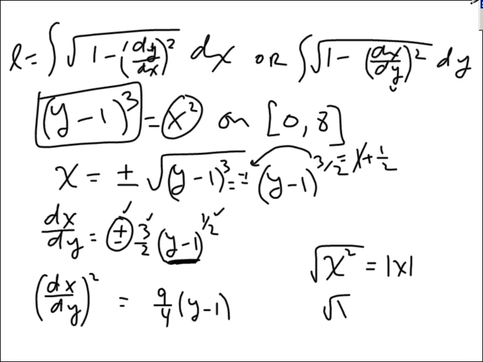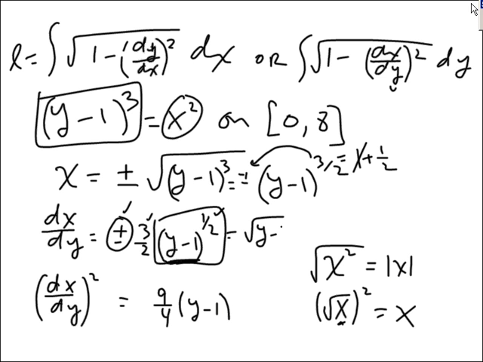But if you take the square root of x first and then square it, well, it's understood that x is positive. You can't be taking the square root of a negative number, so then you get back x. Remember, this piece here is the square root of y minus 1. When you square that, you get back y minus 1.